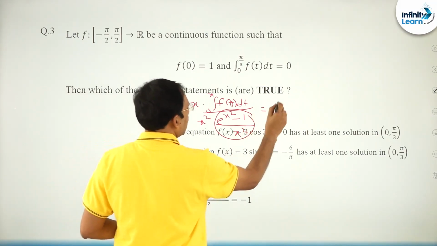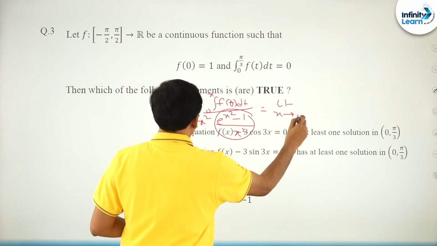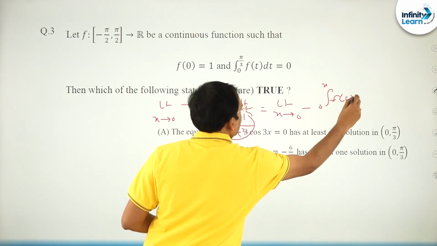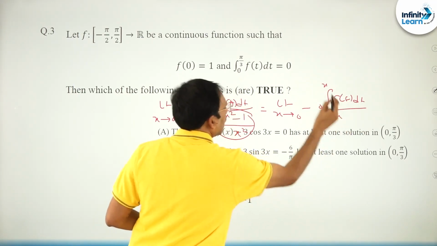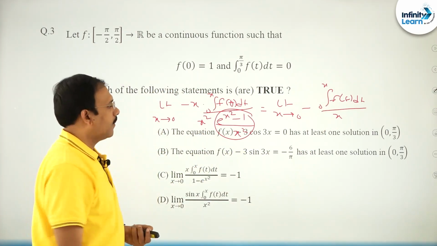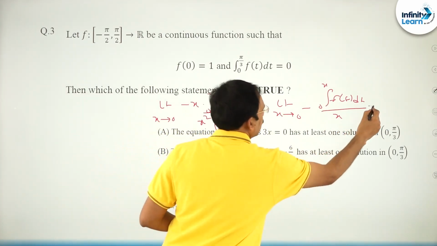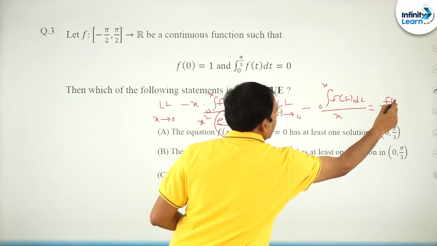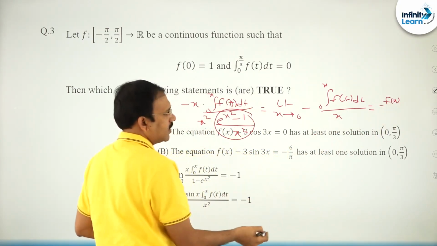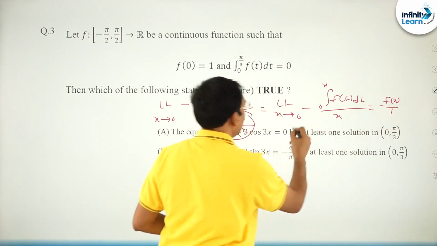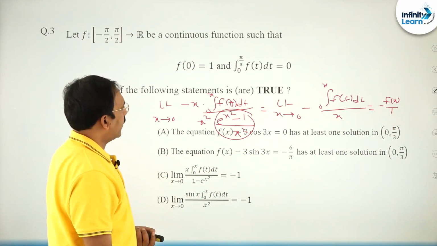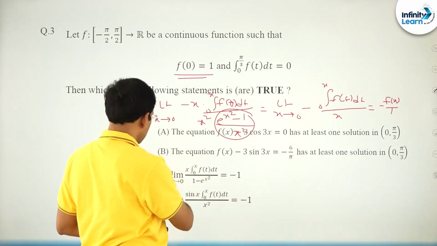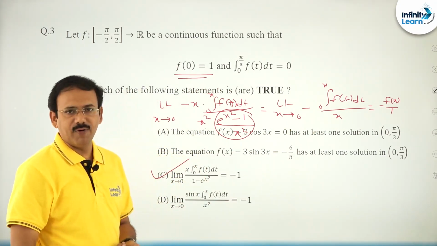So this becomes, friends, the limit as x tends to 0 of minus the integral from 0 to x of f of t dt by x. Now it is like 0 by 0, so by L'Hospital's rule it is going to be minus f of x by the derivative of x, which is 1. At x equal to 0, f of 0 is given as 1, and the minus is already there, so minus 1 is the limit, perfect.